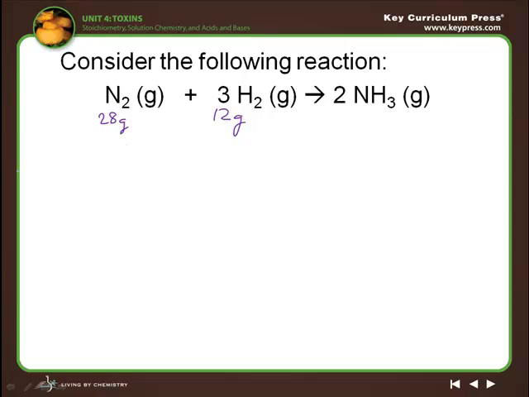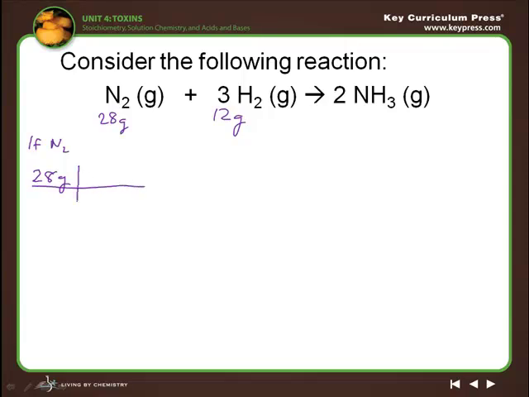Okay, so what I do for the choo-choo method is I make a big assumption. It's called the dimensional analysis choo-choo method. So I'm going to assume something, which will either be right or wrong. I'm going to assume N2 is my limiter. I got 28 grams of N2.